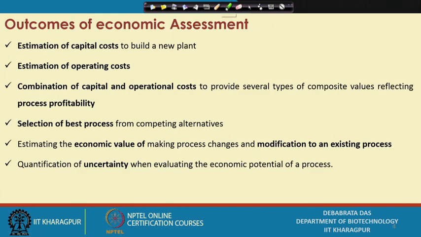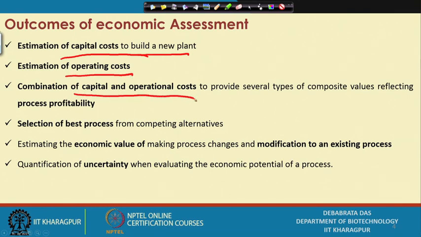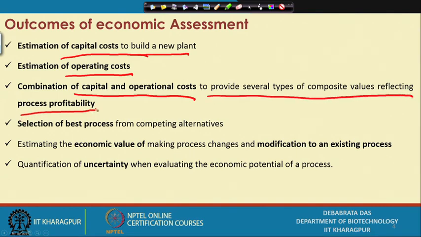Now, the outcome of the economic assessment: the estimation of capital cost, which we shall have to do to build a new plant; the estimation of the operating cost; and a combination of capital and operating cost to provide several types of composite values reflecting the process profitability. When you make any capital cost, we take the money from the bank, and then we have two things, principal as well as interest.